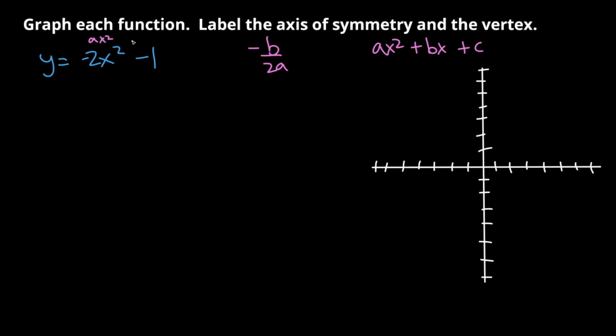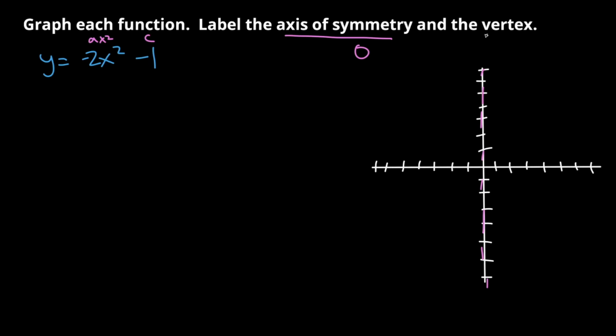We have no bx, but we have c here. So again, that means b is 0. So 0 divided by something is just 0. So we know the axis of symmetry is x equals 0, and we have this symmetry right here.